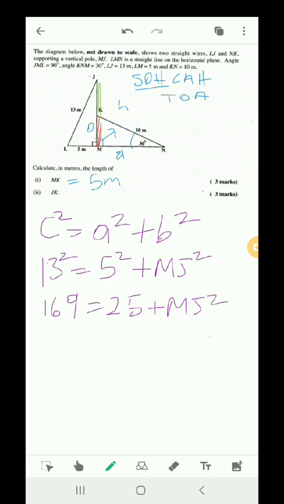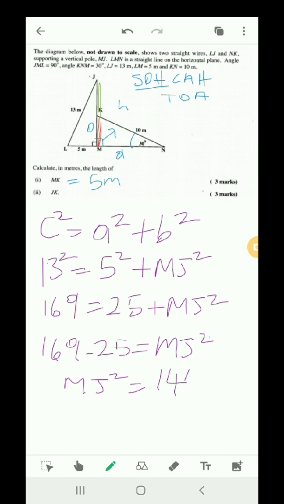So now we want to find what MJ squared is, so we'll carry over the 25 and it will become negative, so we'll have to subtract it from the 169 there. So 169 minus 25 is equal to MJ squared. So MJ squared is equal to 169 minus 25, which is equal to 144.